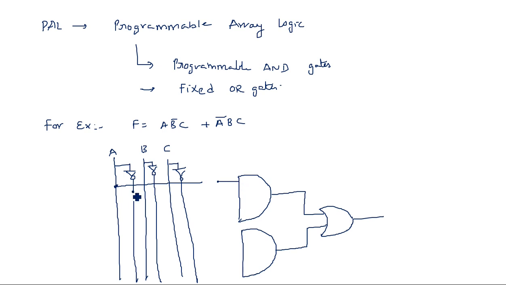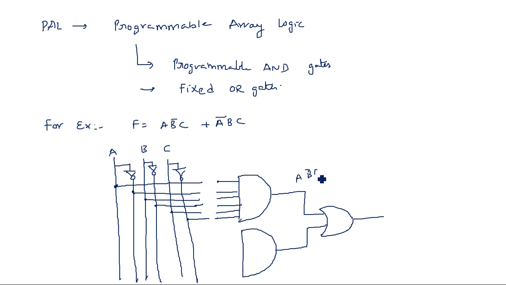And all these inputs are connected through a fuse. Remember, all the AND gate inputs are connected through a fuse. The fuse is connected whenever it is required, otherwise it is open circuited. So what is the expression for the first AND gate?